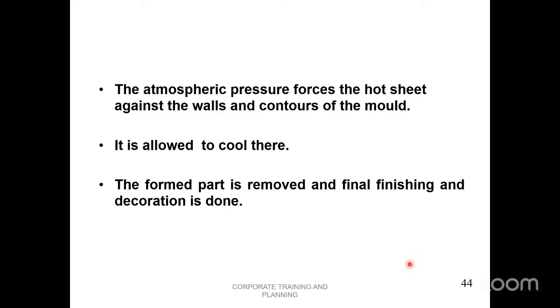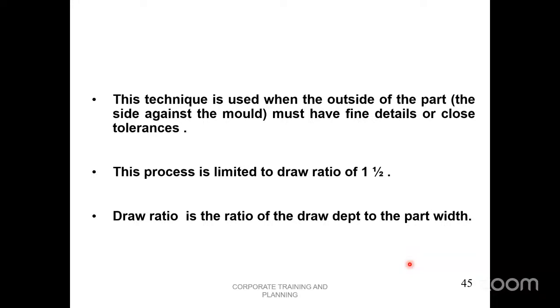Now, from the other side, the atmospheric pressure forces the hot sheet against the wall and contour of the mold. It is allowed to cool in the air. The formed part is removed and final finishing and decoration is done.